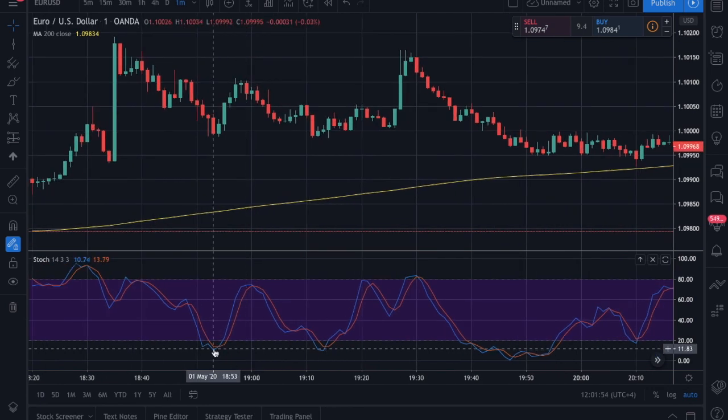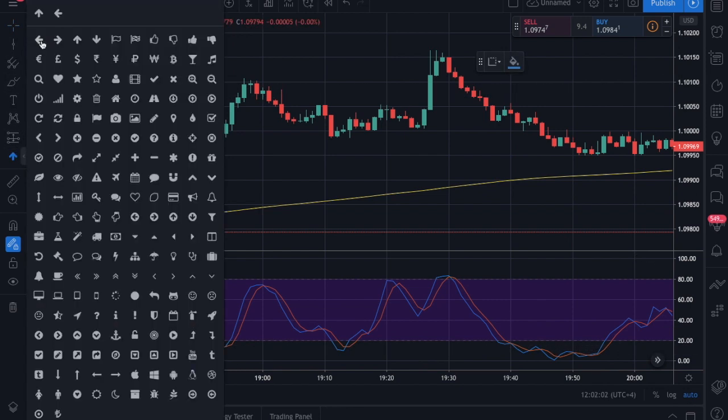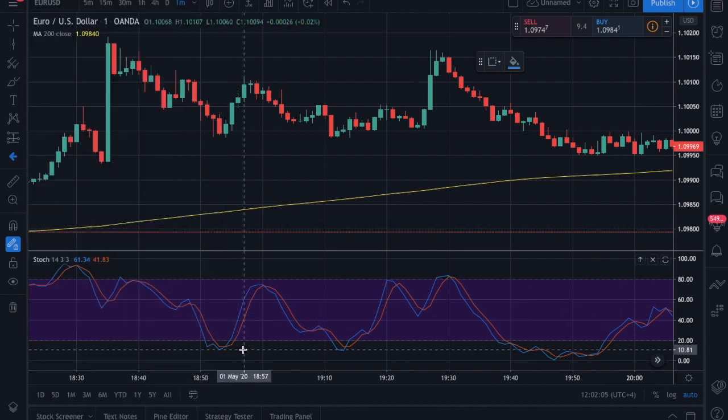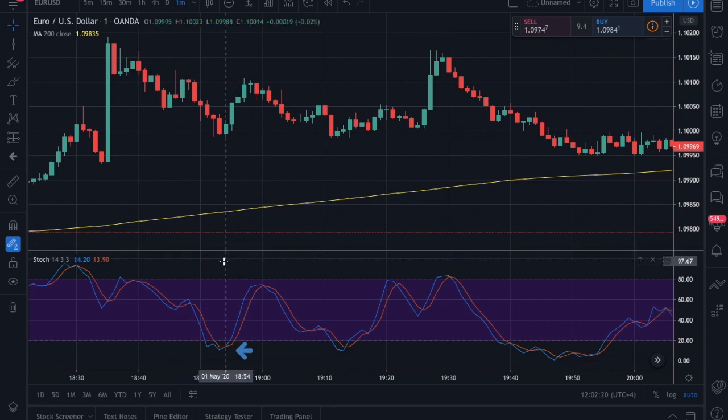As you can see here, the blue line is crossing the red line, which tells us that it's ready for a buy order because it's down, and it's above our moving average line. So it is a perfect confirmation for a buy order.